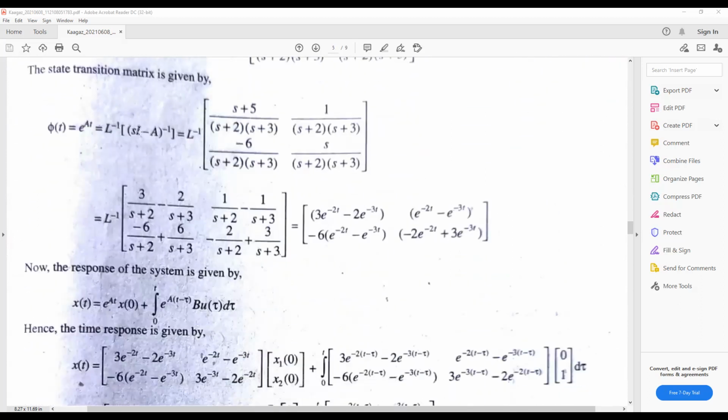We have calculated (sI minus A) whole inverse, then apply the inverse Laplace transform. What is the inverse Laplace transform? 1 by s plus a is e^(minus at). So we get 3e^(-2t) minus 2e^(-3t).